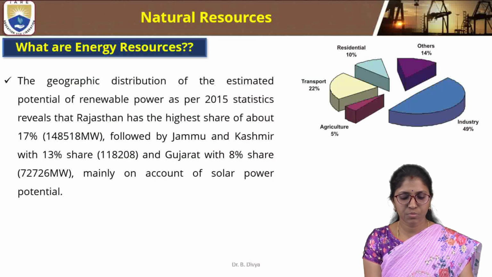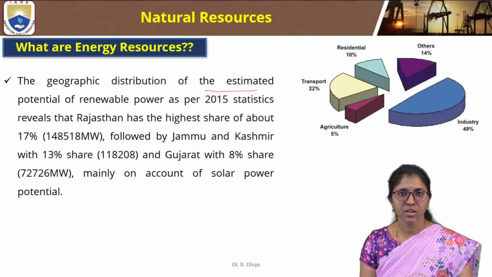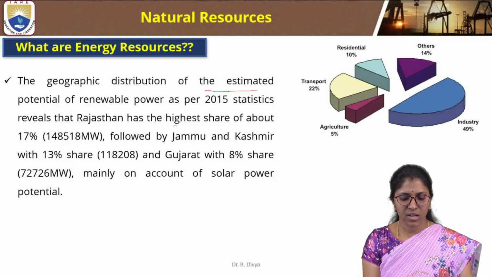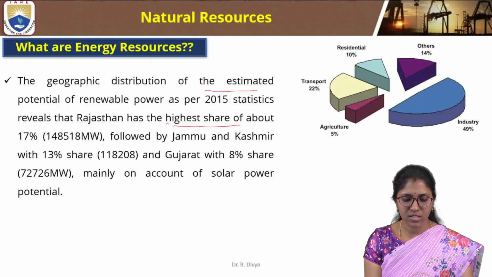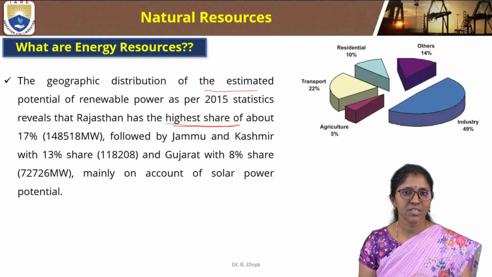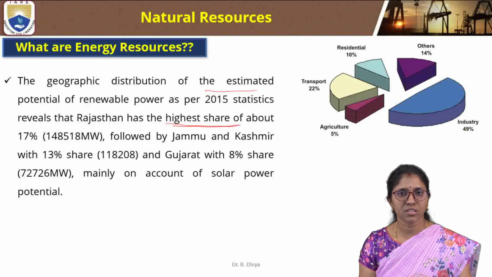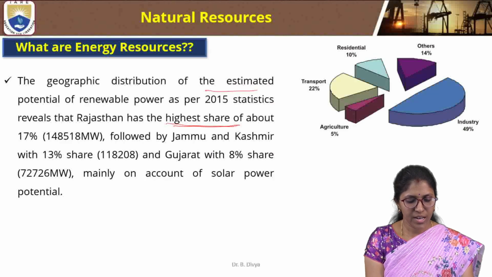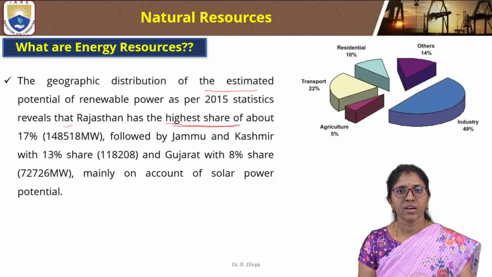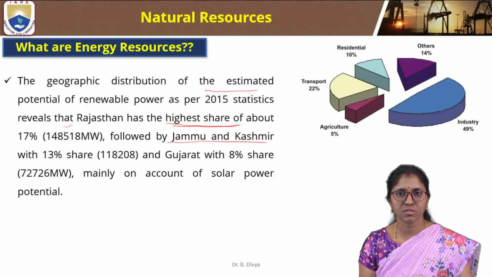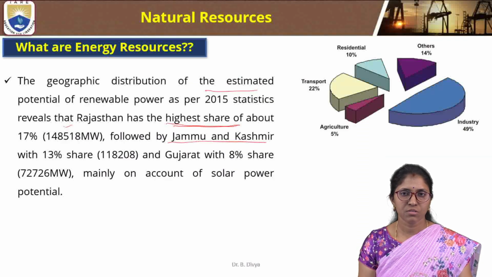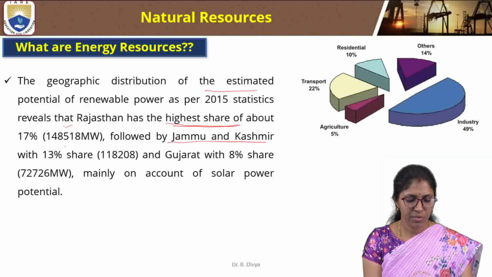The geographic distribution of estimated potential of renewable power as per 2015 statistics reveals that Rajasthan has the highest share of about 17%, that is 14 lakhs 8,518 megawatts, followed by Jammu and Kashmir with 13%.